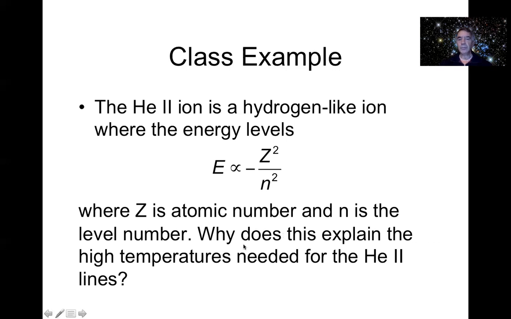So again, have a little think about that. What are the implications for the helium-2 energy level diagram? And why does that explain why we need higher temperatures to get the helium-2 lines excited? Have a think about that and come back.